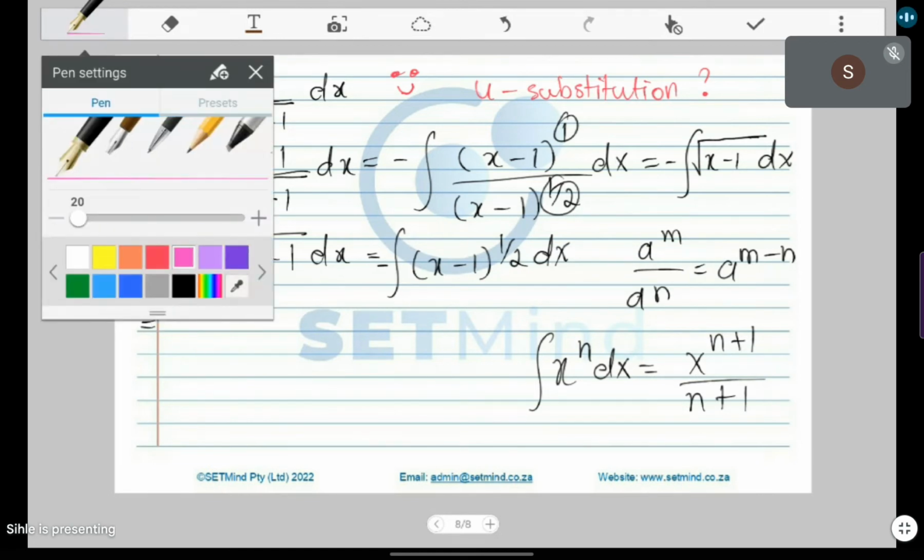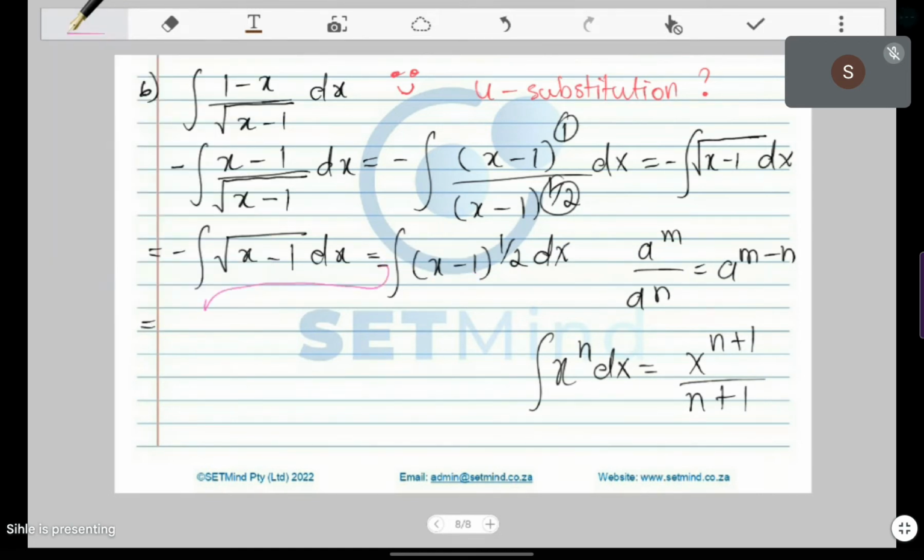So if we take this to here now, I'm sure we should agree that the answer is going to be negative (x - 1) to the power of 1 over 2 plus 1, divided by 1 over 2 plus 1.